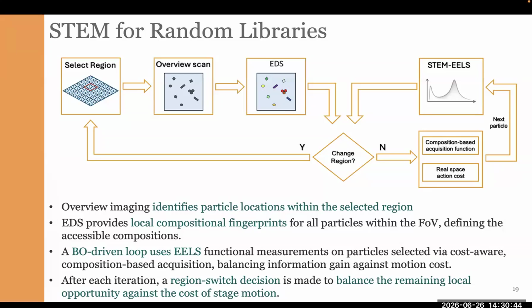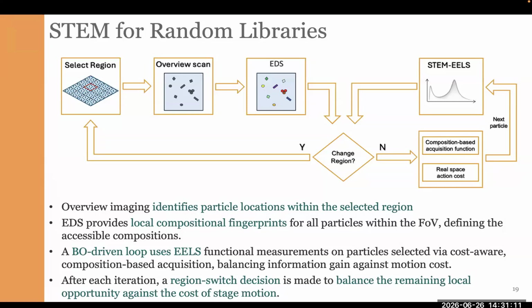It is also important that such investigations somehow combine, so the Bayesian optimization is running over the compositional space while we are performing in the real space. So we also need to integrate the cost function. However, within the field of view, the rate with which you can reconfigure your probe is very, very high.